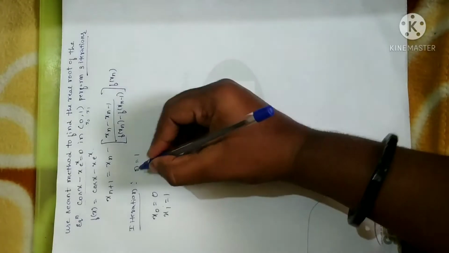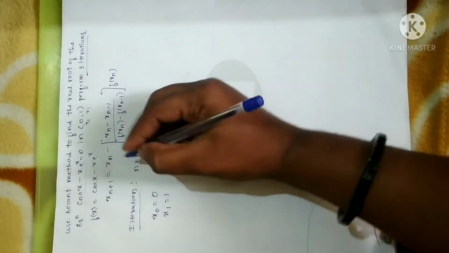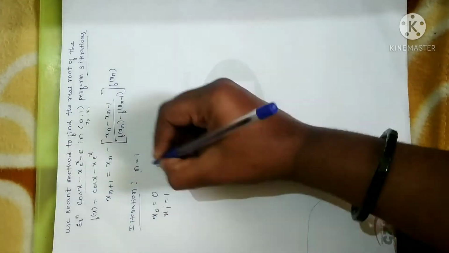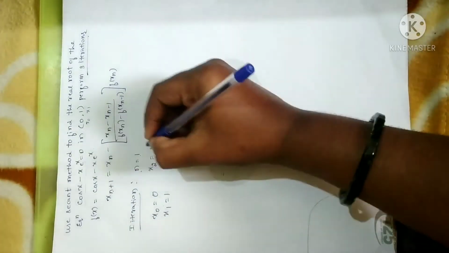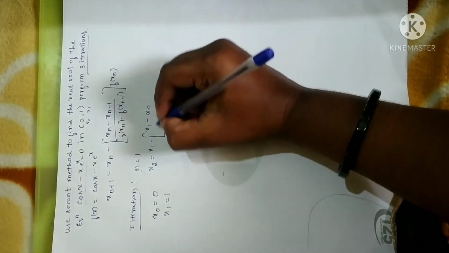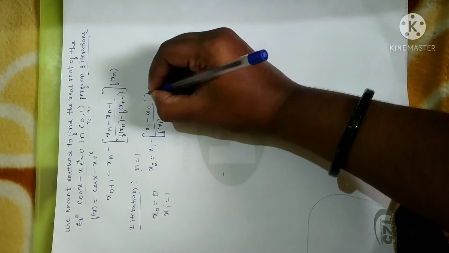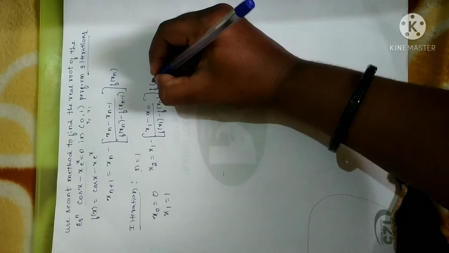Fine. Now I have to substitute the value of n is equal to 1 in the given formula, so that you will get x2 is equal to x1 minus x0 divided by f of x1 minus f of x0, into f of x1.